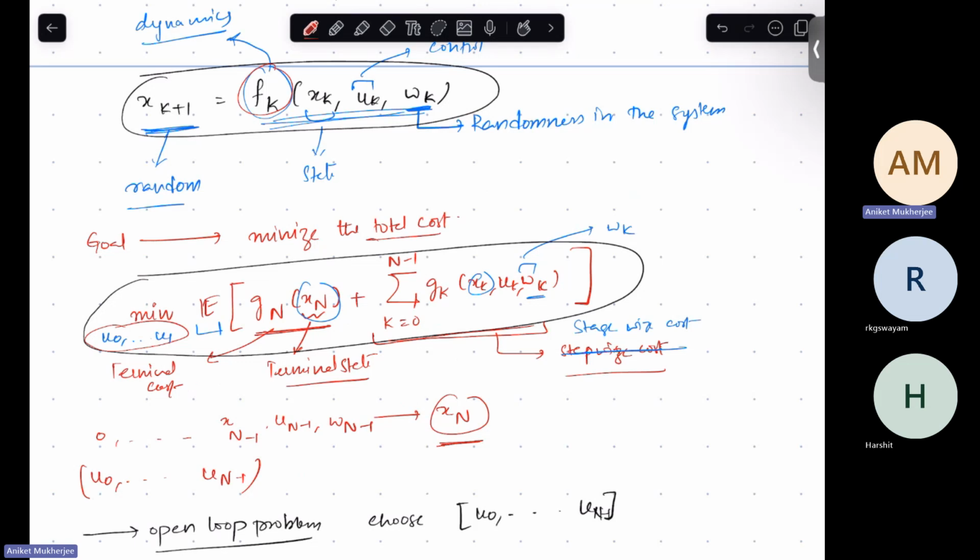What you can do is give some strategy saying that if xk is in this state, then do this; if it is in that state, then do that. You can't just say directly, take this action, take this action. You can make plans like this, and those plans we'll call strategies or policies.